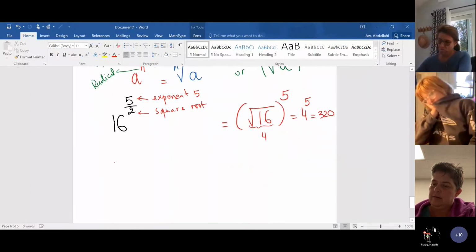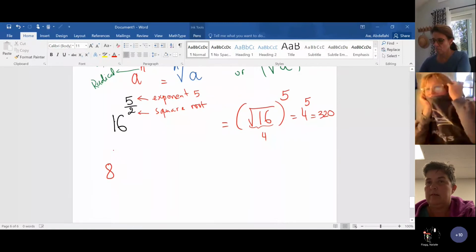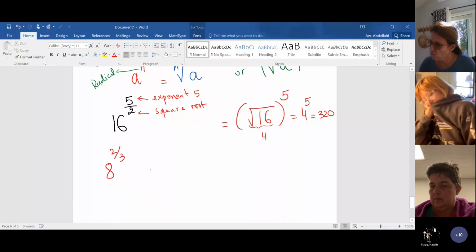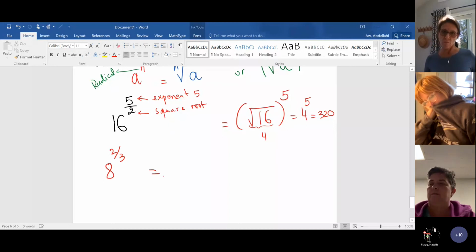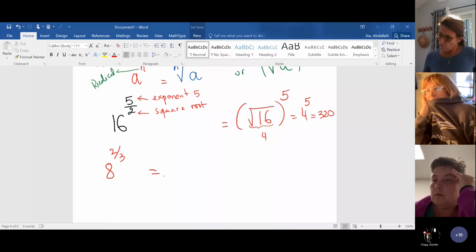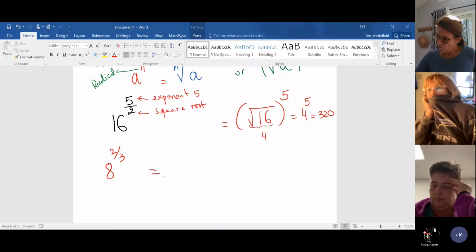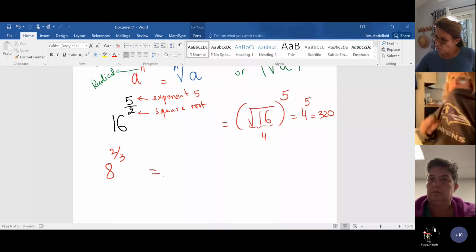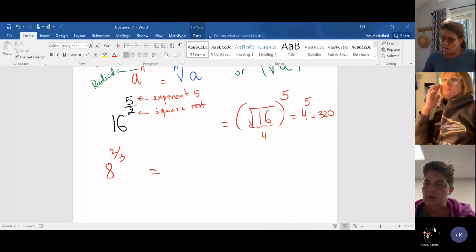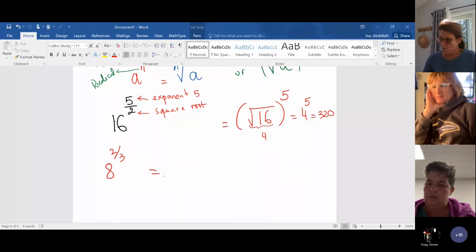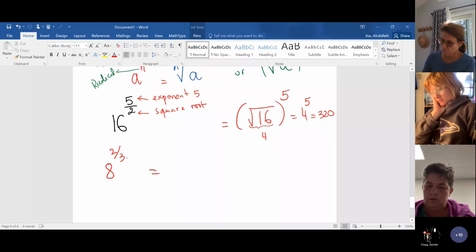So how are you going to write 8 to the 2/3 power? What is the radical form of 8 to the 2/3 power? Because it's over 3, what radical is it going to be?